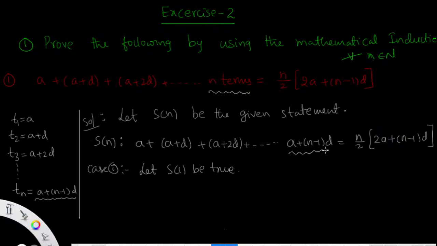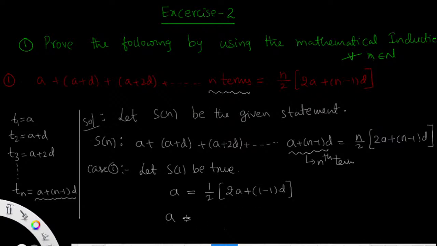Put 1 in place of n: a plus (1 minus 1) into d, that is 0. That is the LHS. Substitute n equal to 1 in this expression. Similarly for the RHS, put n equal to 1: 1 by 2 into (2a plus (1 minus 1) into d).